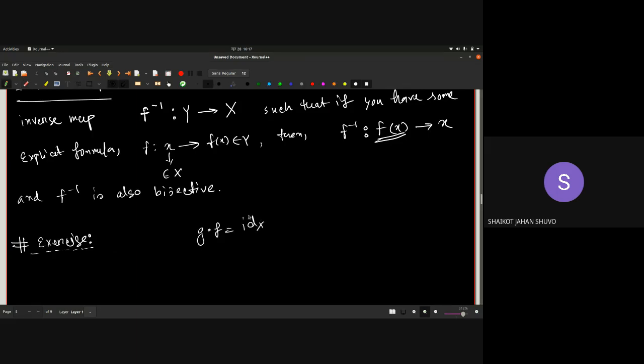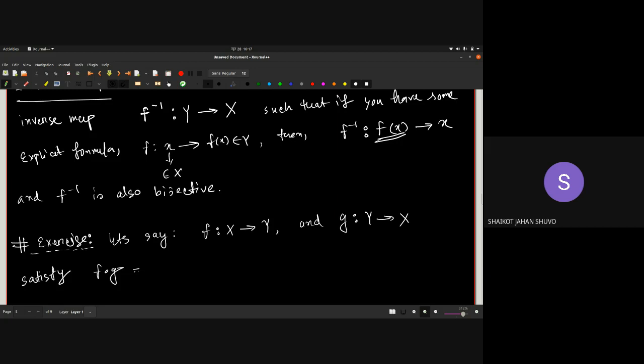Okay, let me just write down the whole problem. I think that should be easier. Let's say there is some mapping f that takes your elements from x to y, and another map g that takes you from y to x. Satisfy f of g composite map.